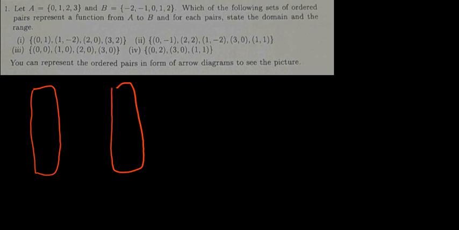Under mapping, you always have the x and y. The x, in this case, is the domain, and this is your range. There is no debate about this. Whenever you hear the word domain, we are talking about the x values. When you hear the word range, we are talking about the y values.